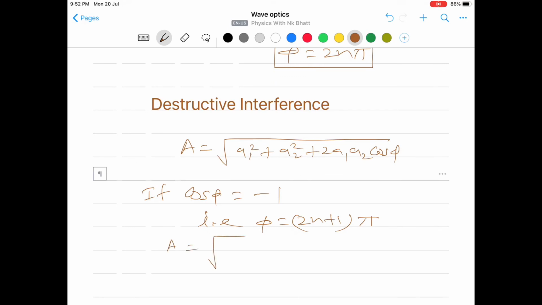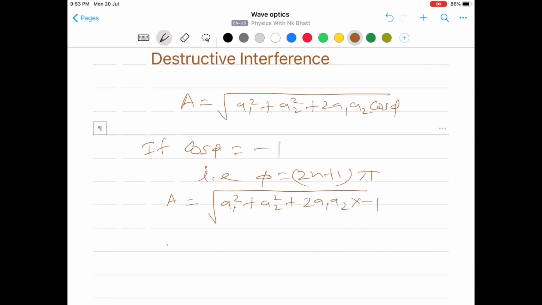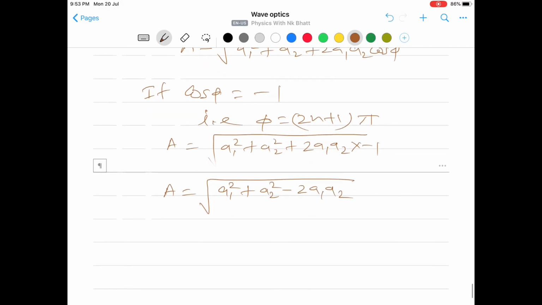A is equal to under root A1 square plus A2 square plus 2 A1 A2 into -1, which implies A is equal to A1 square plus A2 square minus 2A1 A2.